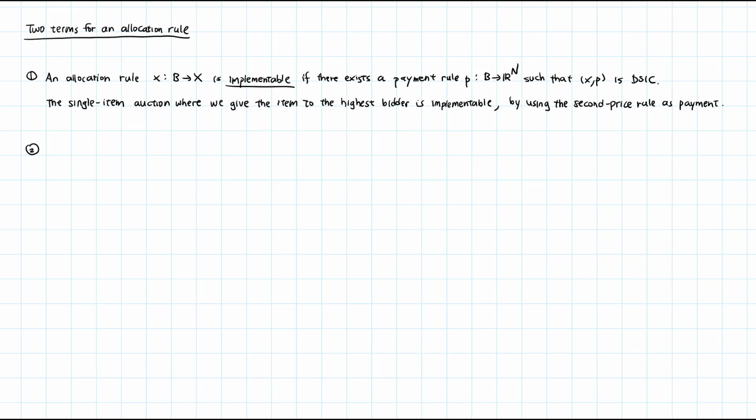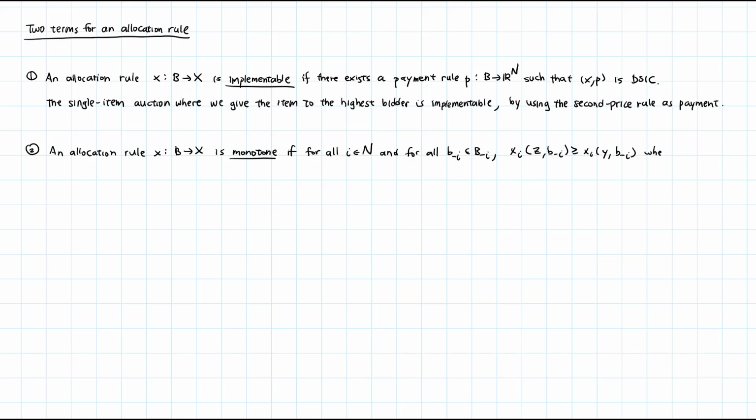Our second term here is monotone. An allocation rule x is monotone if, for all players i and for all the other bids b minus i, xi of z, b minus i is at least xi of y, b minus i whenever z is at least y. Translation: the higher you bid, the more you get.